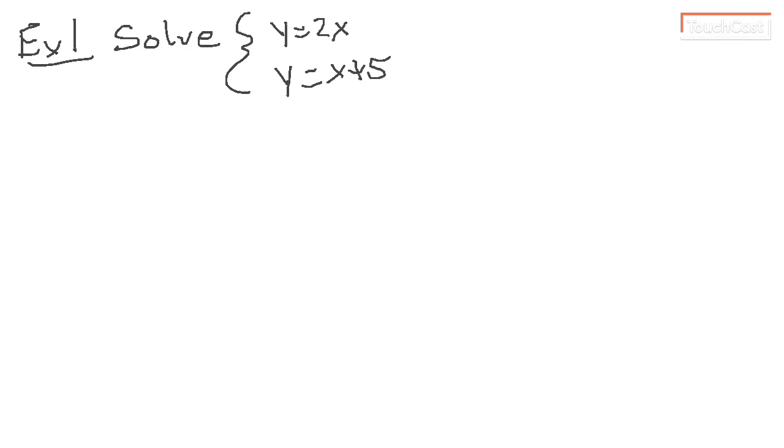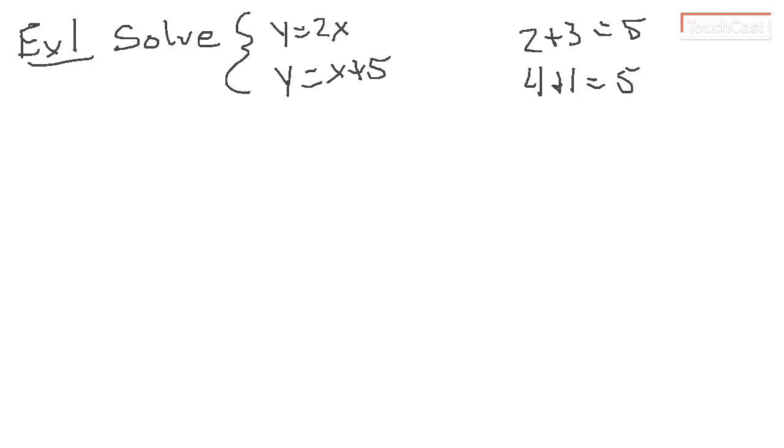So before we even solve that, I have a question I want to pose to you. If we were to say 2 plus 3 is equal to 5, no one would argue with that. Same if we said 4 plus 1 is equal to 5. No one would argue with that. 2 plus 3 is 5, 4 plus 1 is 5.